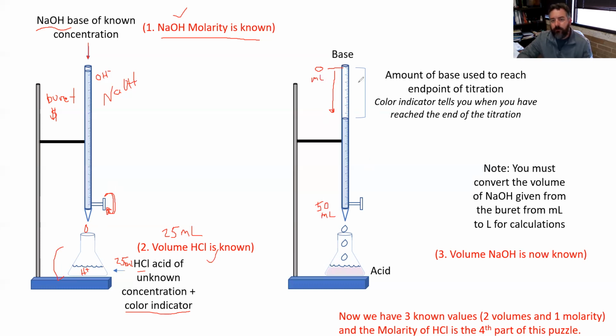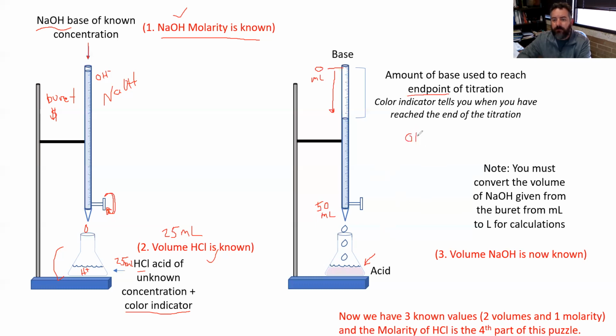At a certain point, when you start releasing the base into this acid solution, it's going to turn pink, and it's going to stay pink. You want a very light pink in this particular experiment. When that happens, you actually have your endpoint, or what we call the equivalence point of the titration.